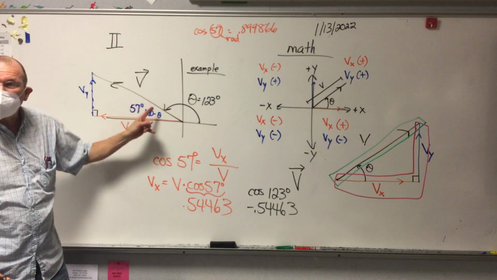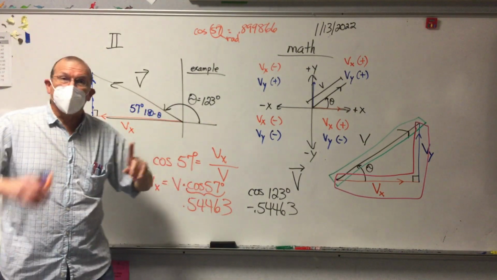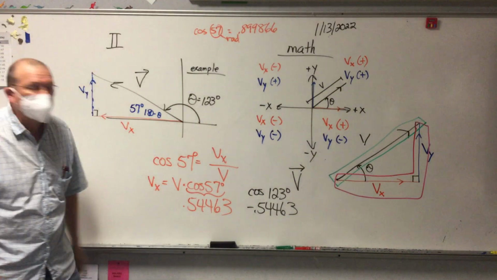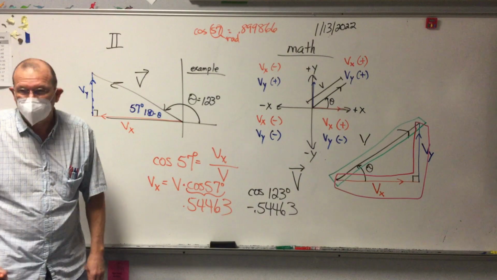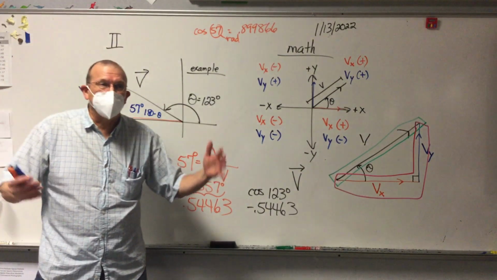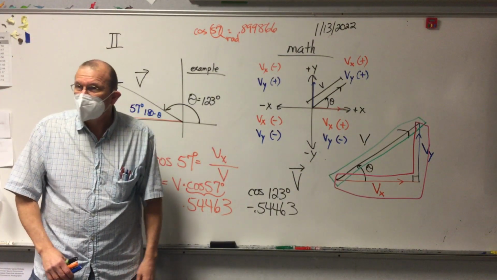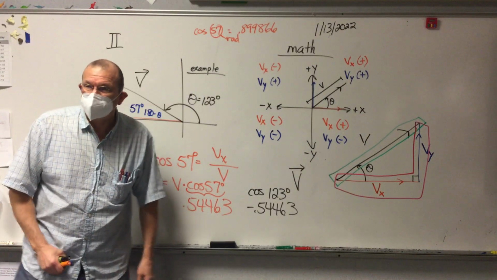So when you are doing vectors, because vectors are all about the direction, you cannot afford to say, oh, well, I got the right number, but I got the wrong sign on it. Because then when you start to combine those pieces with others, you're not going to get the right answer.